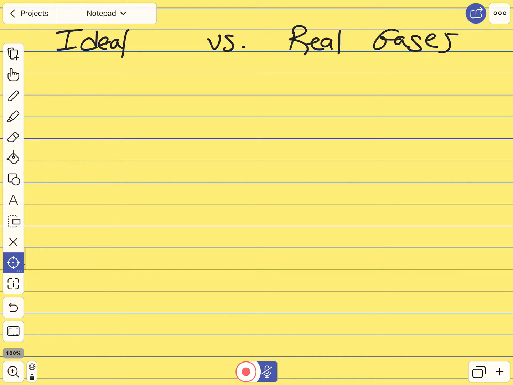Okay, so there are fancier formulas for calculating the properties of real gases, but for the purposes of this course, we're just going to be focusing on ideal gases.